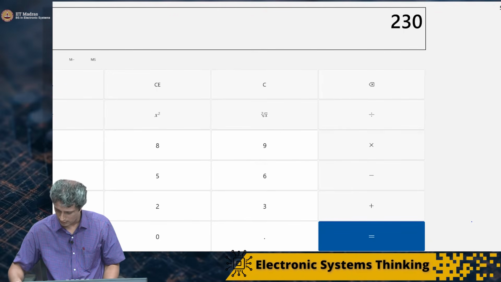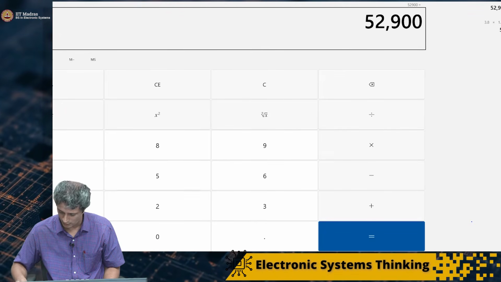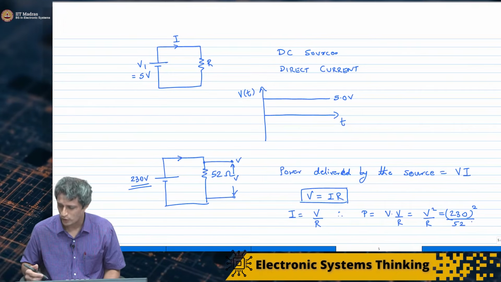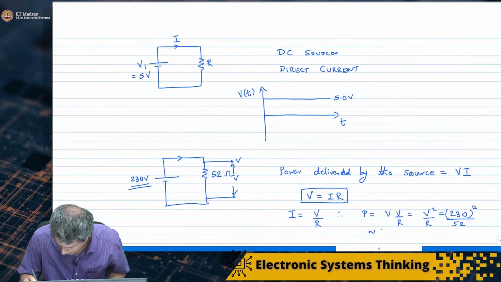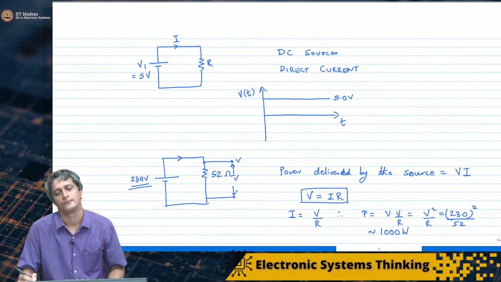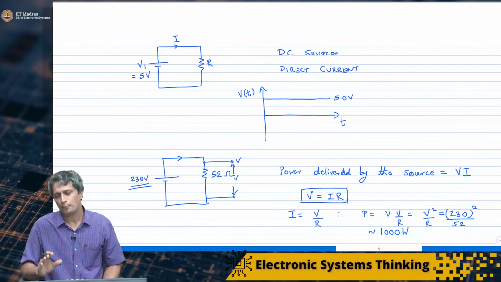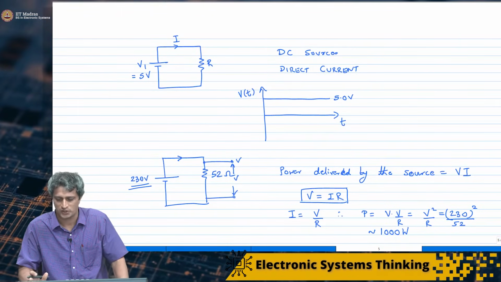230 into 230 divided by 52, you get approximately 1000 watts. I am not worried about this 1017 and all that. It's approximately 1000 watts, right?